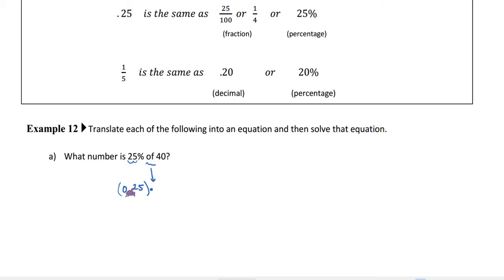So you're going to do 0.25 times the number that you're interested in, which is really a quarter. This is the same thing as 1/4 times 40, or 40 over 4. You could do the multiplication either way, it doesn't matter. You don't need to do that conversion. You could just do this multiplication, and this will just give you 10.